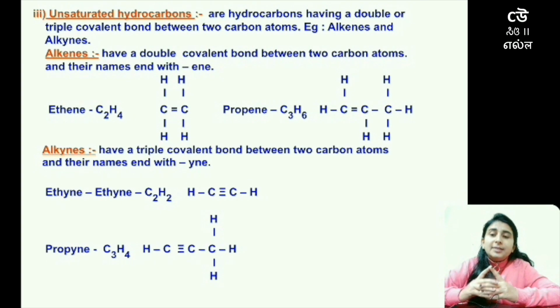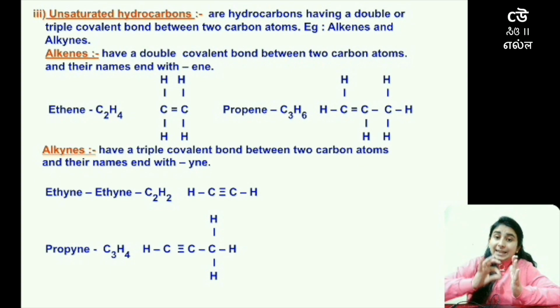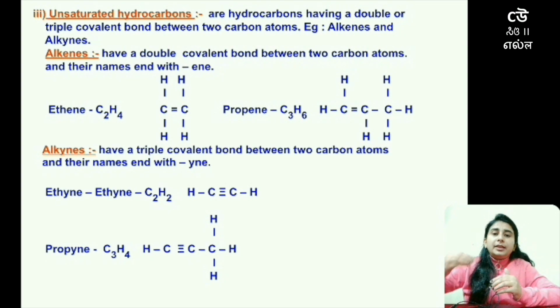And the last thing is, whenever you will name alkene or alkyne, in case of alkene, just replace the last 3 letters by E-N-E, that is ene. And ene indicates that this is one such hydrocarbon compound where the atoms have a double covalent bond.